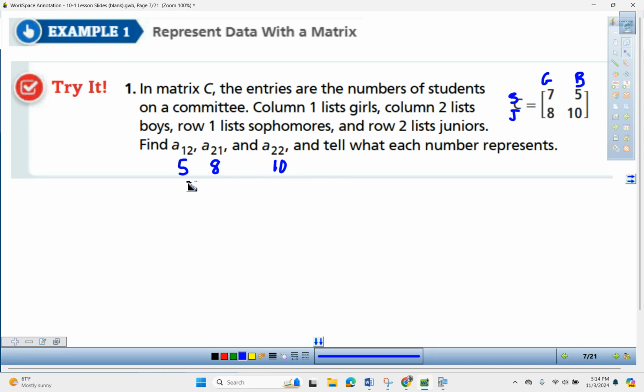So the 5 is a sophomore boy, and the 8 is a junior girl. Okay, and then 10 is a junior boy. All right, so there's that guy there. Just a little quick check to see if you're following along.